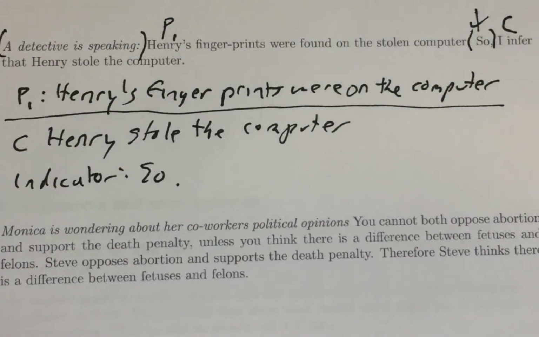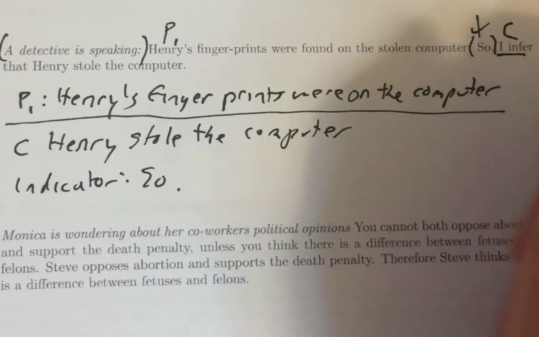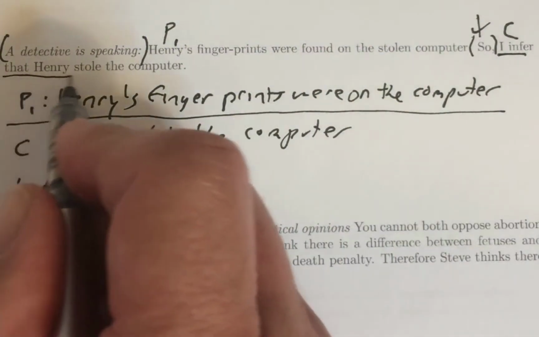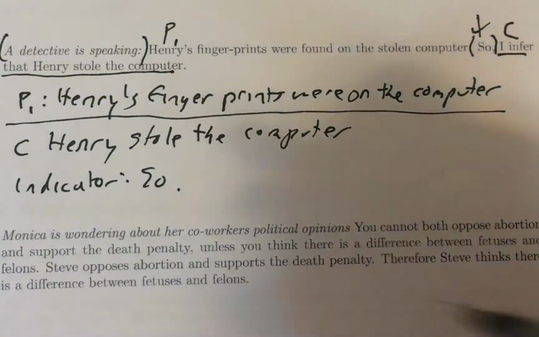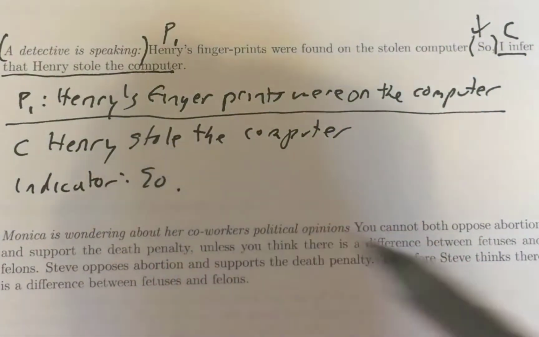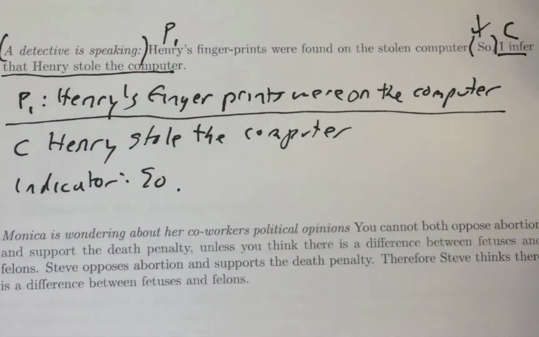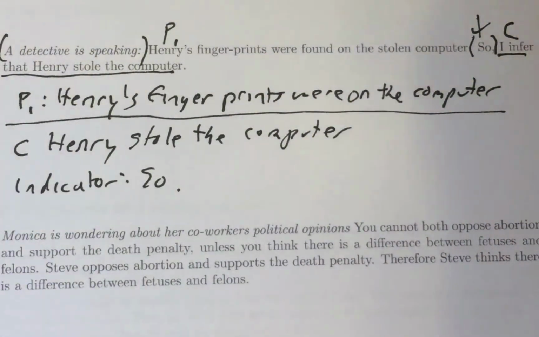Another thing to note about this is that in this argument, the conclusion comes last. And when we write things in standard form, the conclusion also comes last. But in ordinary English, the conclusion can come anywhere in the passage. It could be at the end, it could be at the beginning, it could be in the middle.